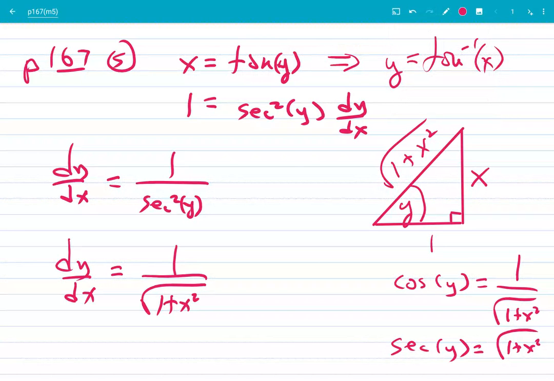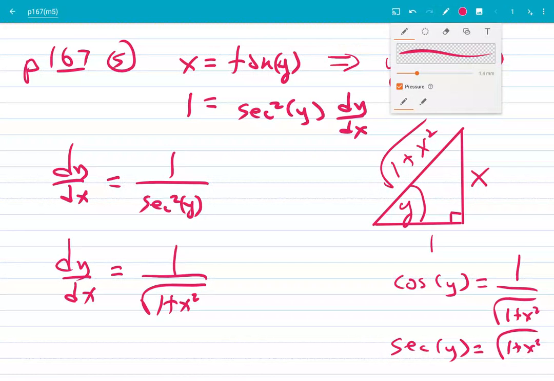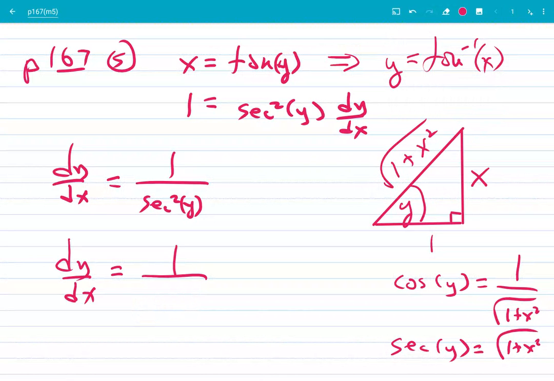Sorry, I have to square that, right? Whoopsie, wrong. I want secant, which is the square root of 1 plus x squared. I want secant squared. So square that, get rid of the radical, in other words. You're going to get 1 plus x squared. So the derivative of arctan is 1 over 1 plus x squared.